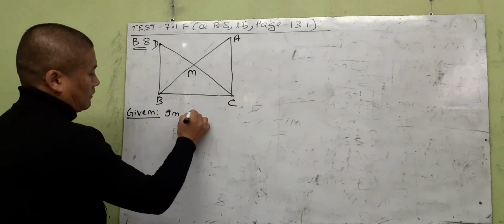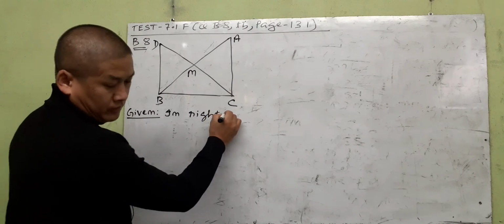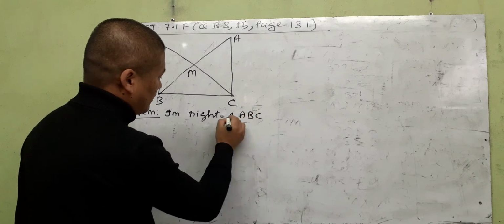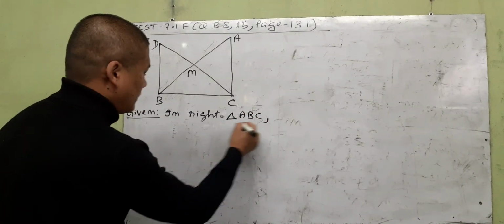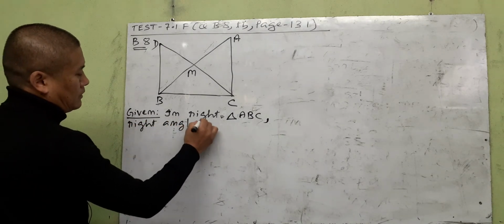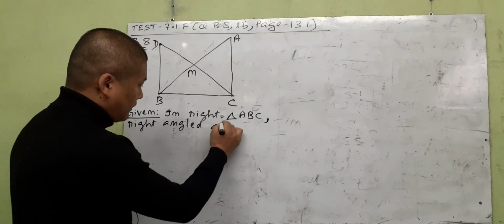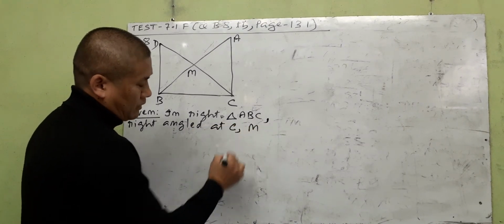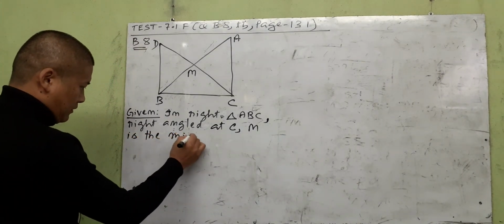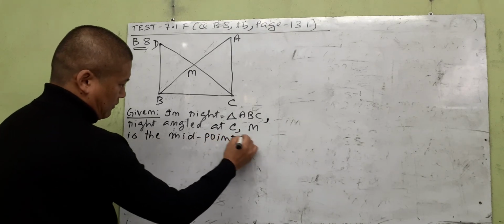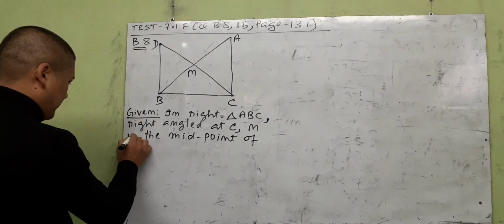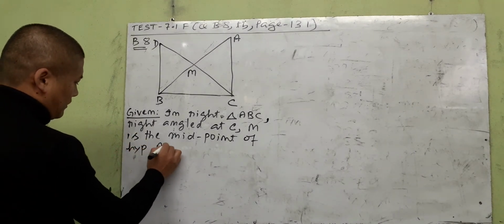In right triangle ABC, right angled at C, comma, M, so point M is the midpoint of hypotenuse AB.